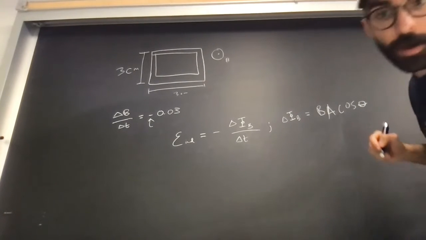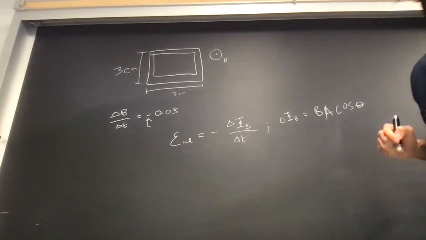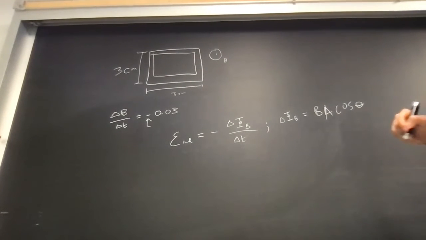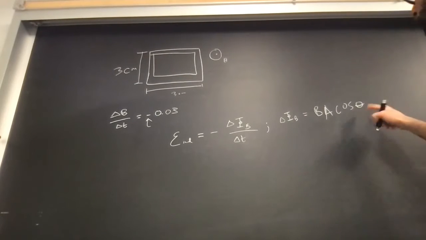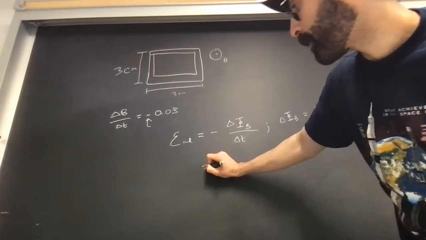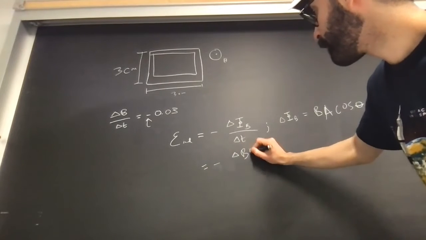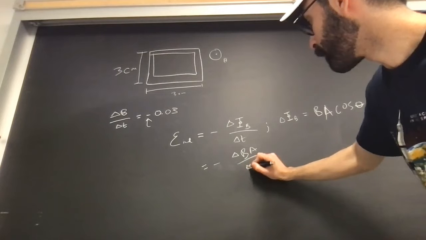Cosine 0 equals 1, so we can just ignore that. We can simplify this expression as delta B A over delta T.